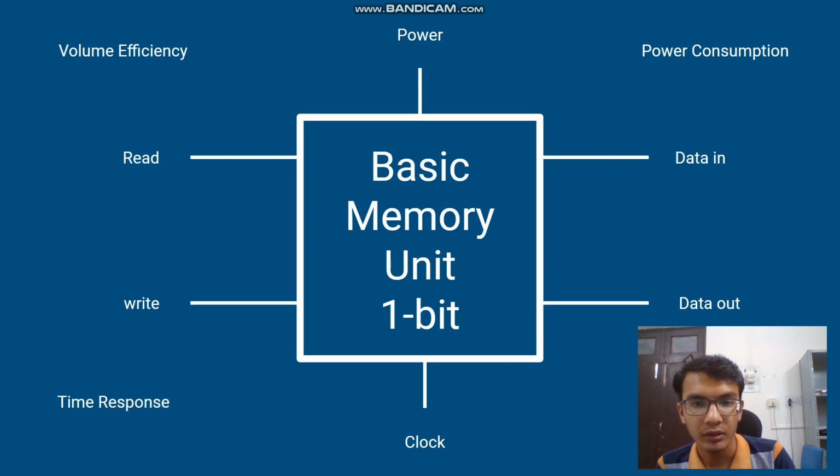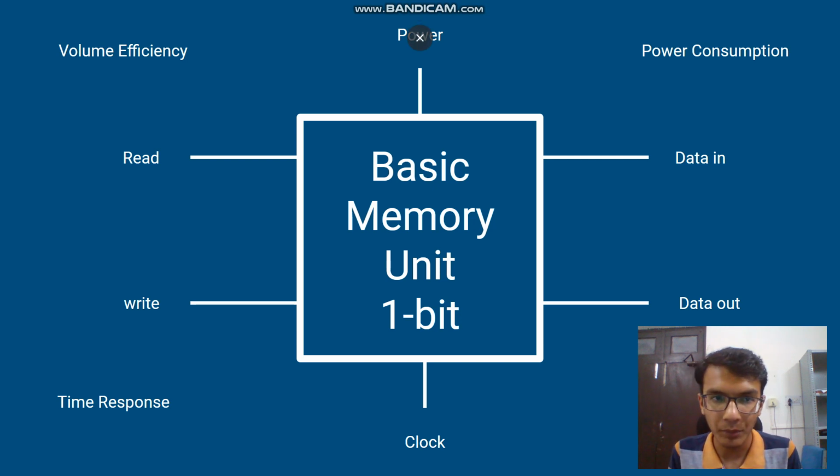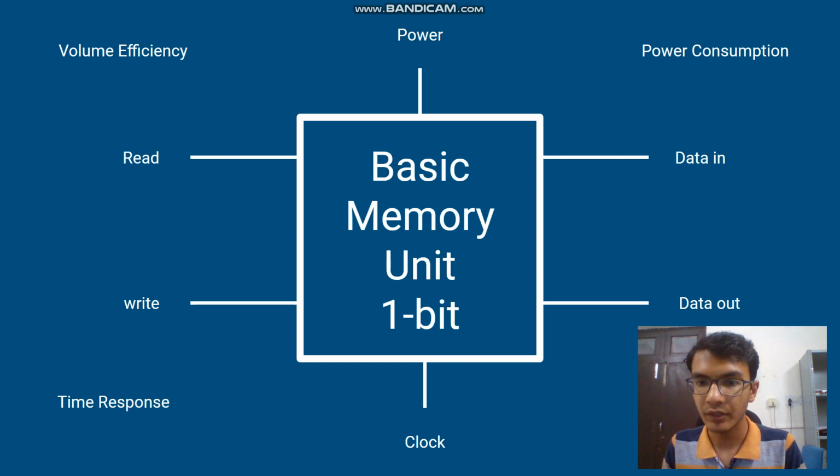There are main parameters to choose our RAM: volume efficiency, since we always want to store the maximum amount of data in minimum space; fast access, so that our processes and computation are fast; and power consumption should be very low.